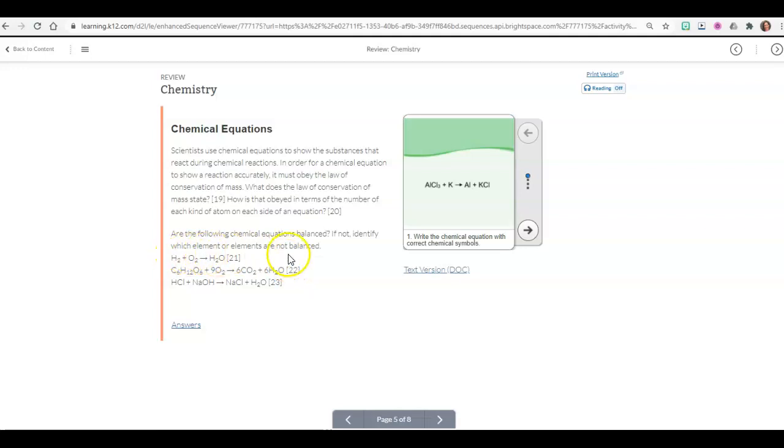And identify the element that is not balanced. So here you have 2 hydrogens and 2 oxygens, and the arrow is the dividing mark. Now we're comparing the products. We see 2 hydrogens, so that's equal, but we only see 1 oxygen. So those are not equal. Here this would not be balanced and the oxygens are not equal.